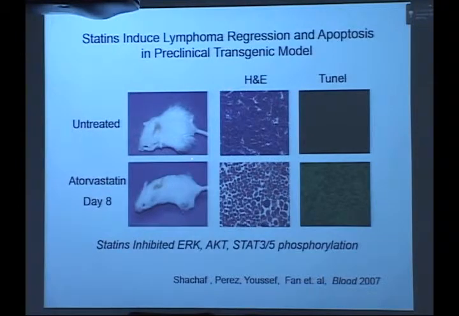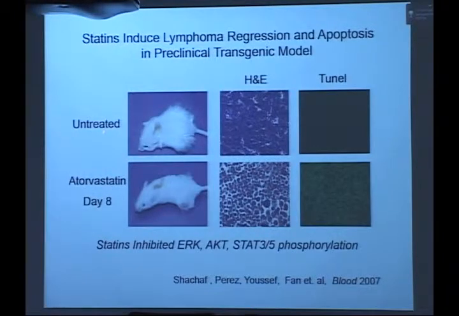This is work done that was a collaboration of the Felser lab, the Nolan lab, and the Steinman lab. And what they were studying is that statins, which are HMG-CoA reductase inhibitors, which are cholesterol-lowering agents that many people in the room may know about, well, how they also work is they can inhibit ERK, AKT, and STAT3 phosphorylation in T cells and lymphoma cells and immune cells.